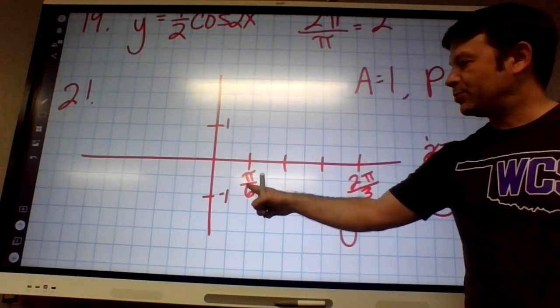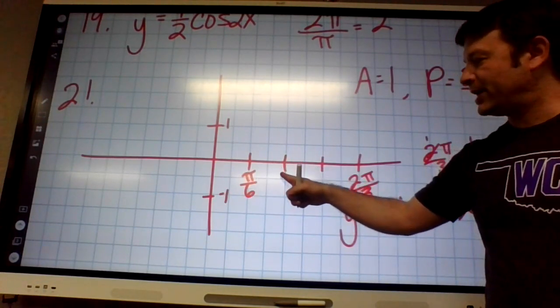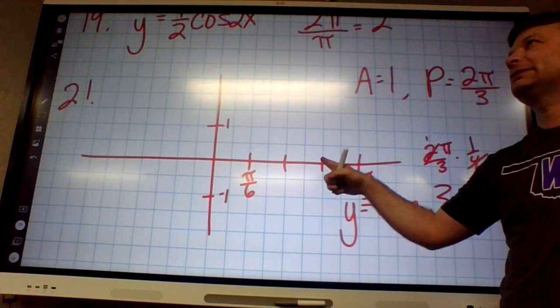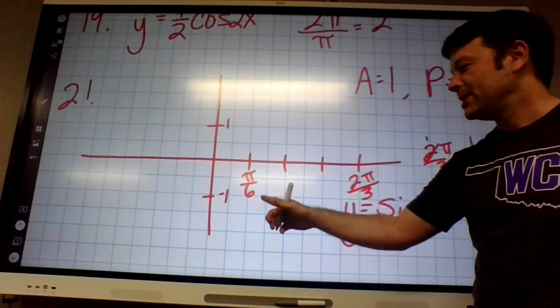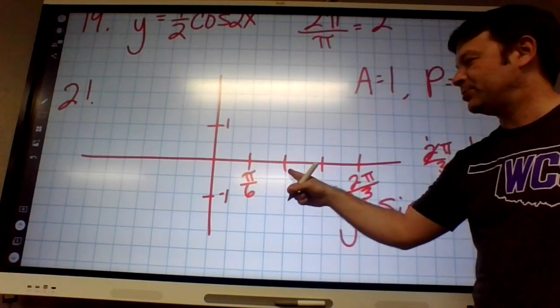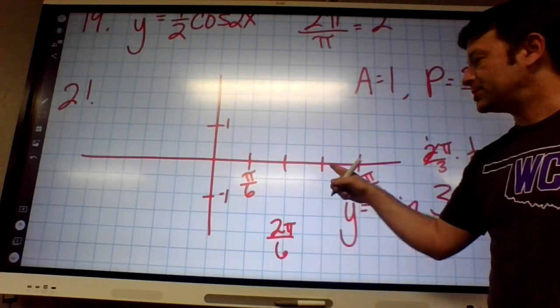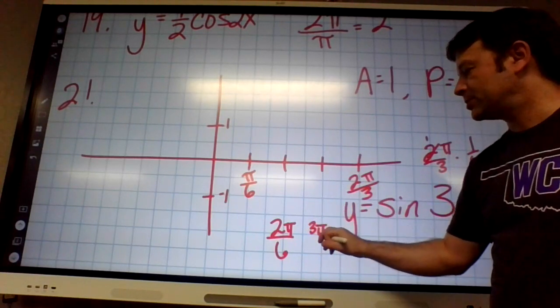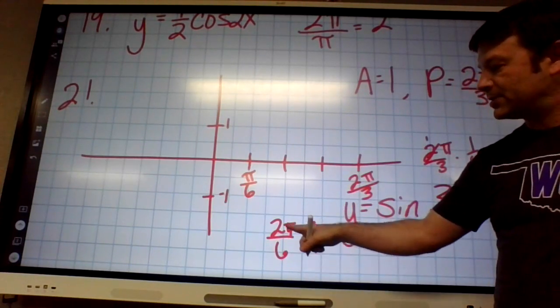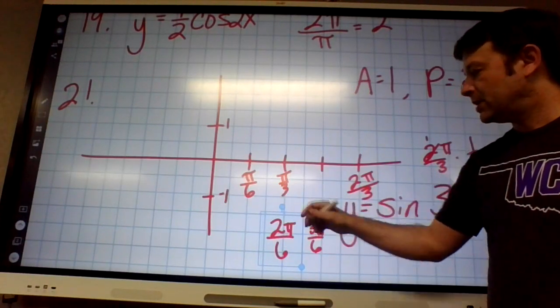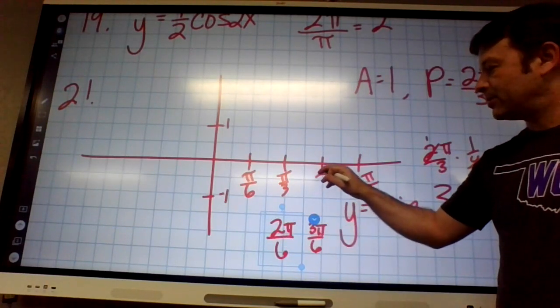Okay, if this is 1/6 pi, then basically we're counting by sixths. So this is 1 pi over 6. This would be 2 pi over 6, which will reduce. This will be 3 pi over 6, which will also reduce. So this reduces to pi over 3 and half a pi, pi over 2.